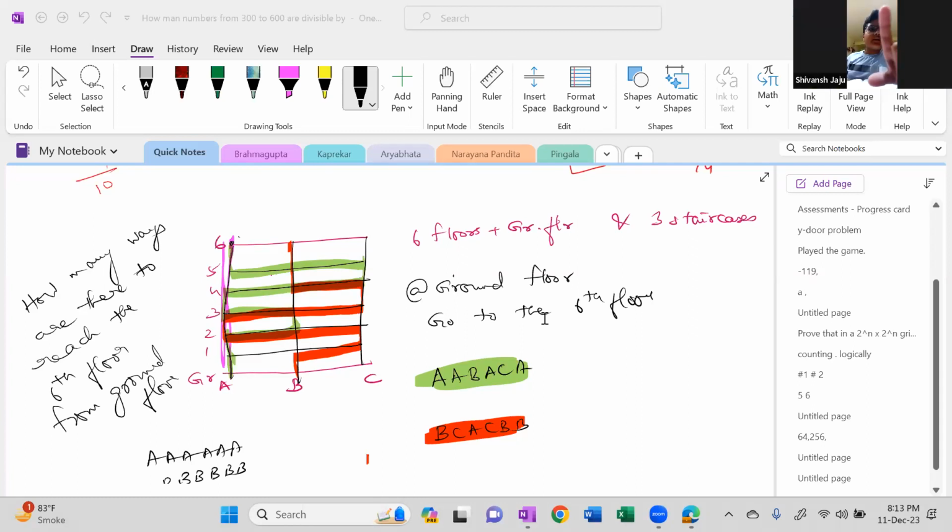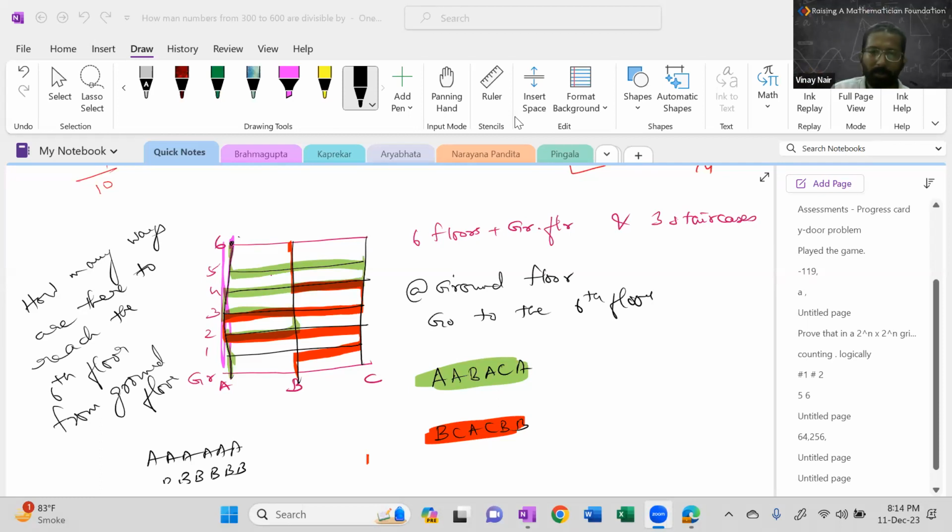Sir, like I have one doubt. Go ahead. Do you also consider the ways to see, like, first I move from A to B, then go down and then again come on the C staircase or something like that? So at every floor, you pick one staircase and then move ahead. For example, if you are at ground floor, the first one is AABACA, what I have written.